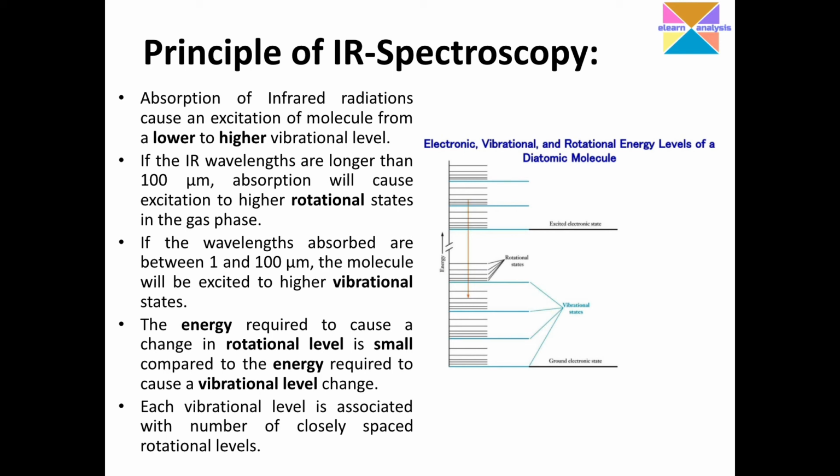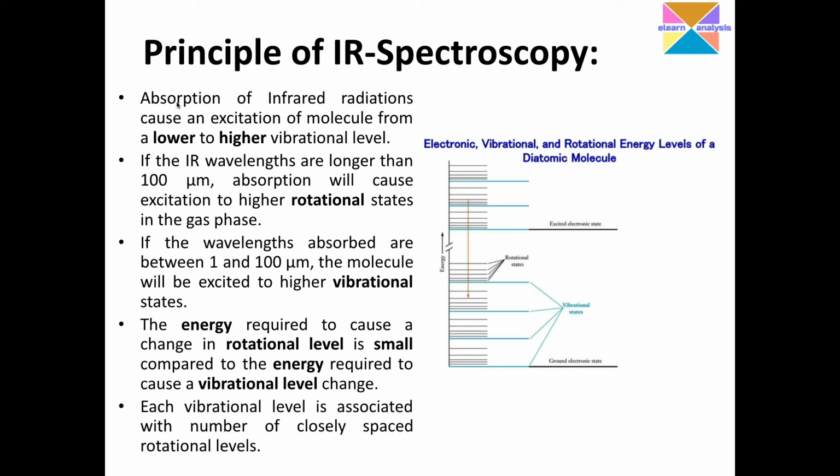The energies of these levels were different. The electronic energy was the highest, the vibrational was a bit less compared to the electronic, and the rotational was still less compared to the vibrational, and translational we neglected because it happens in the gaseous state.